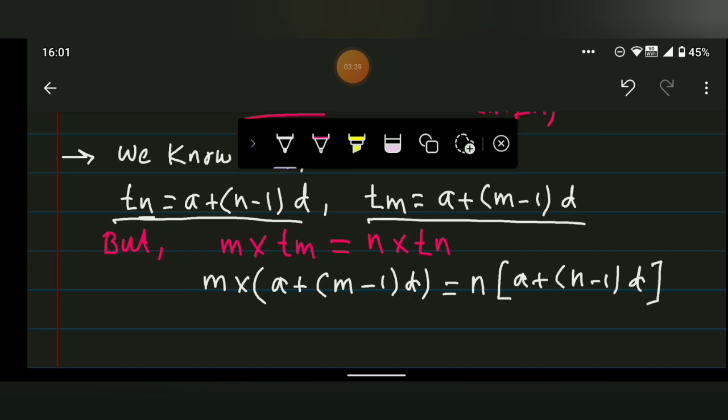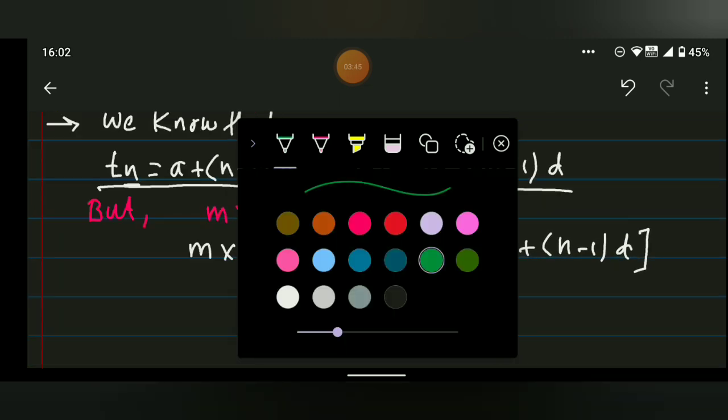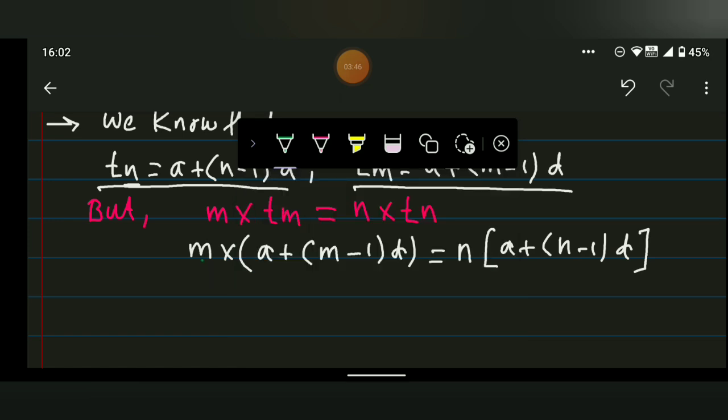Now, very similar to example number 12, we have to proceed further. We have to multiply m to the inside of the bracket, and also n to the inside of the bracket.